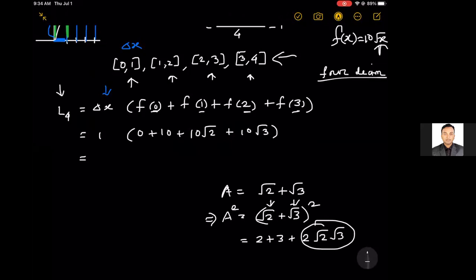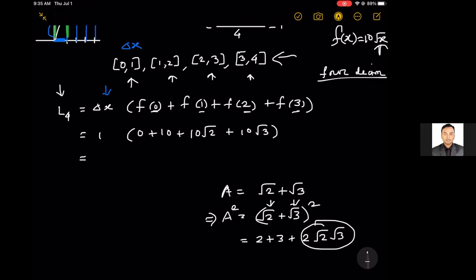All right, so has someone figured out the value meanwhile? If you haven't, let me do that. 10 plus 10 plus 10 square root of 2 plus 10 square root of 3.